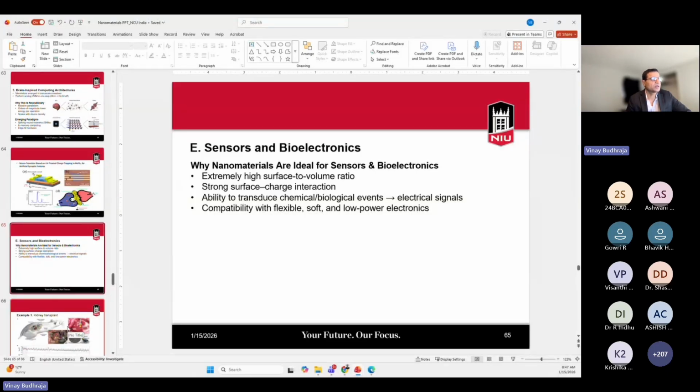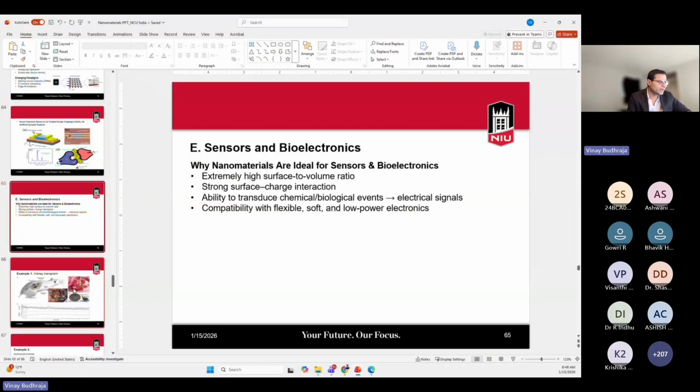Biological events means the interaction between the biomarker and the bioreceptor that changes the electrical signal, reflected in the current response, such as the drain current in the case of OECT, and that changes the transconductance. It is compatible with flexible, soft, and low-power electronics.